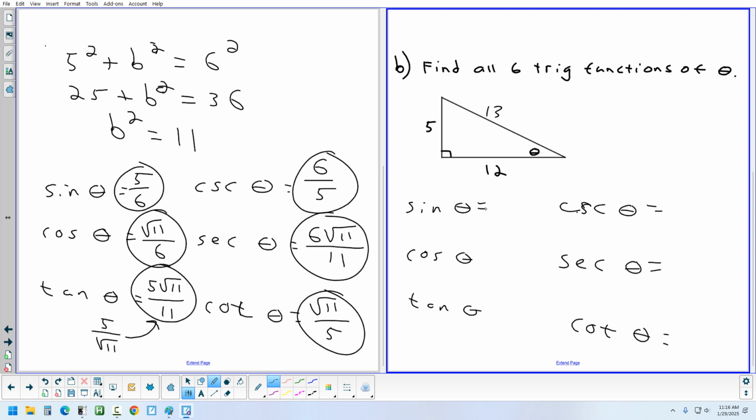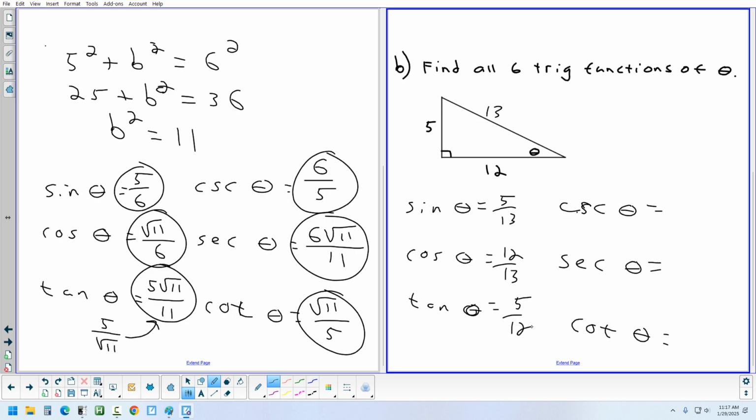What is my sine? 5 over 13. How about my cosine? 12 over 13. And my tangent will be 5 over 12, opposite over adjacent.